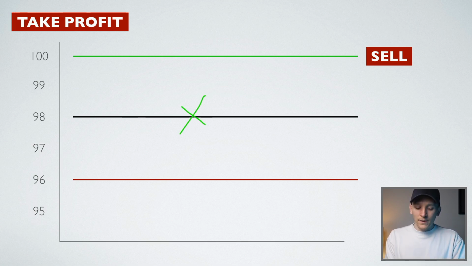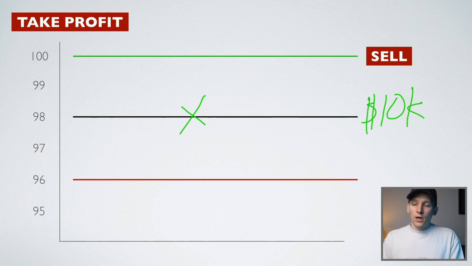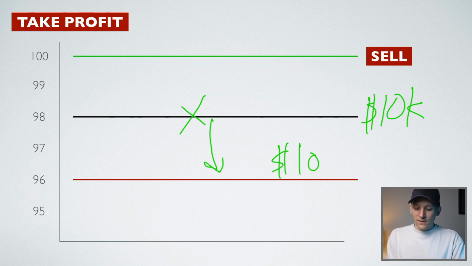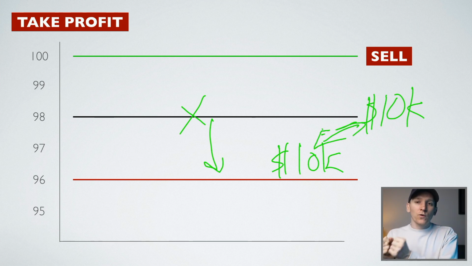Let's say you own BTC at 98 and you've got $10,000. The spot market is cash settled, meaning you cannot trade any assets that you don't physically own. If you put a stop loss order in at 96, which you can do for $10,000 of BTC, you now have an IOU for that order, because this is taking your actual assets right here and tying them up into a sell order.